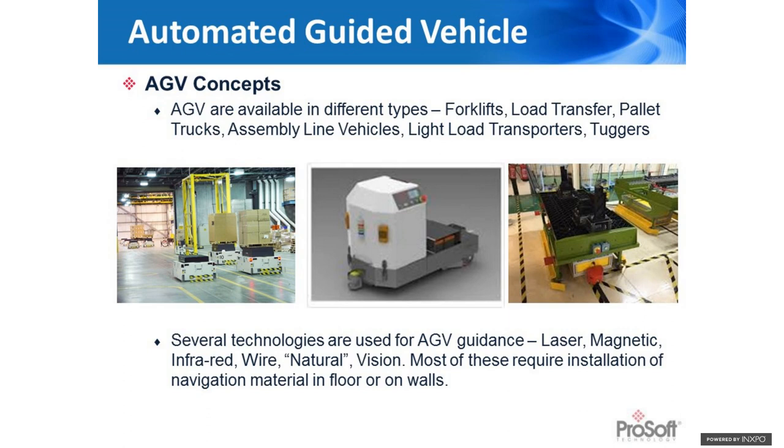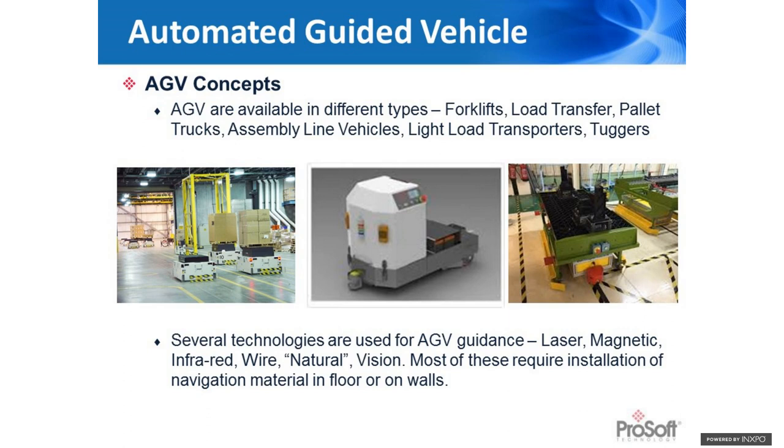They don't require a driver. But as this technology has evolved, AGVs have evolved into lots of different form factors. So there are specific pallet trucks, for example, assembly line vehicles, tuggers that will pull trailers with parts on them, all custom made for the kind of application that they serve, whatever manufacturing line that they're serving.